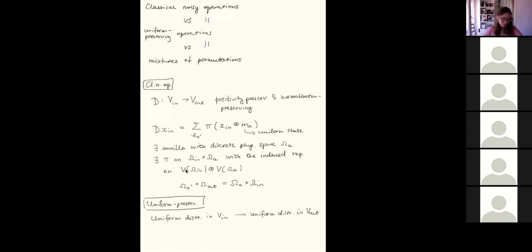And so of course, all of these maps can be expressed as just matrices, which act on the vector in V_in and spit out the vector in V_out. And this property of this matrix just maps the uniform distribution to the uniform distribution, but of a different dimension.